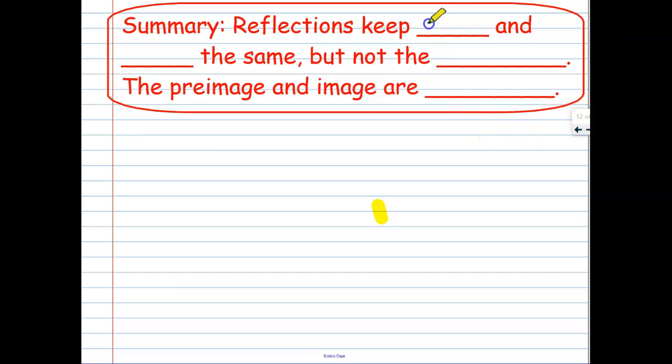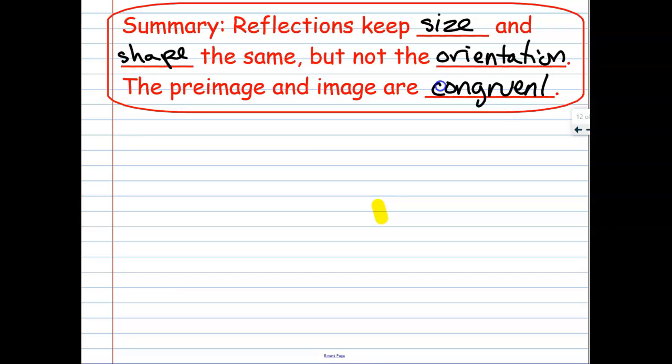So reflections keep size and shape the same, but not the orientation. And since size and shape are the same, we call that in math congruent. Hey, that's pretty darn similar to translation, right?